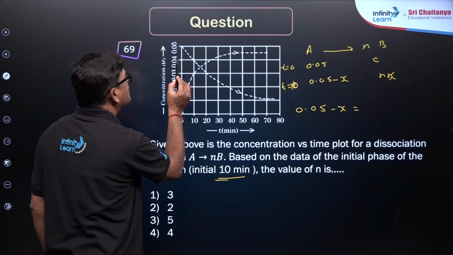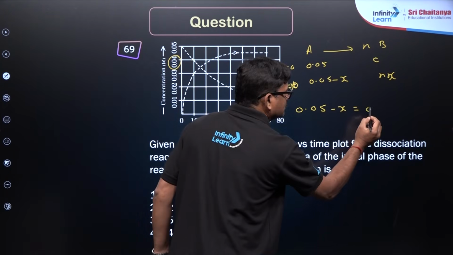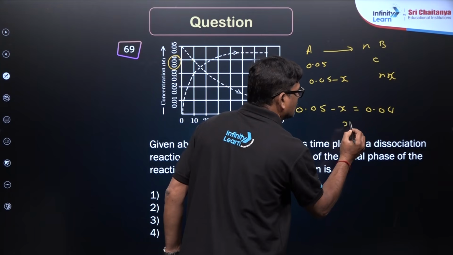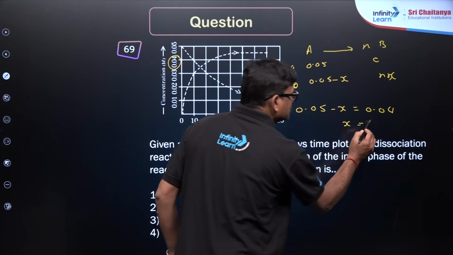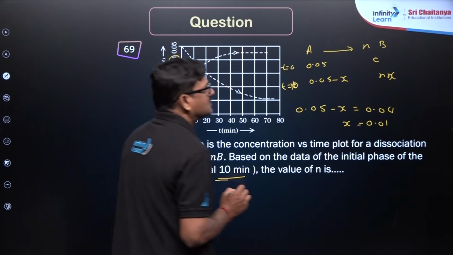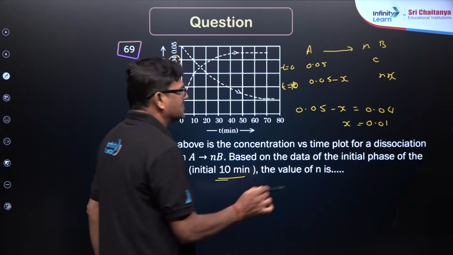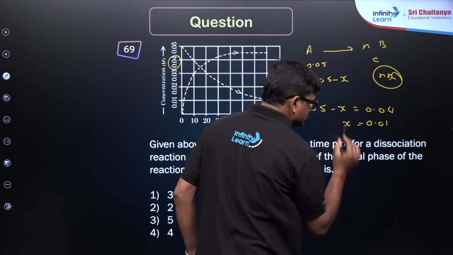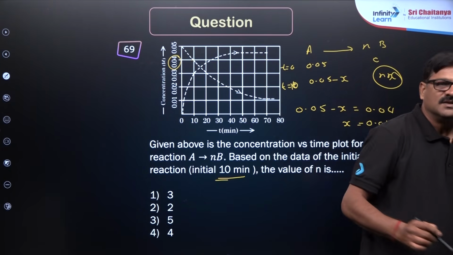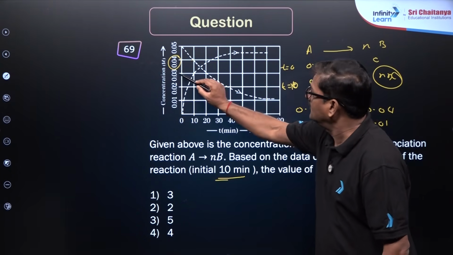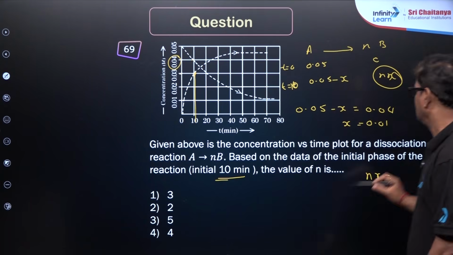It is going to be 0.04. So x is solved to be 0.01. So it is seen that nx is going to be 0.03.